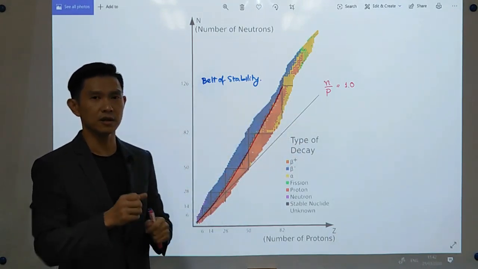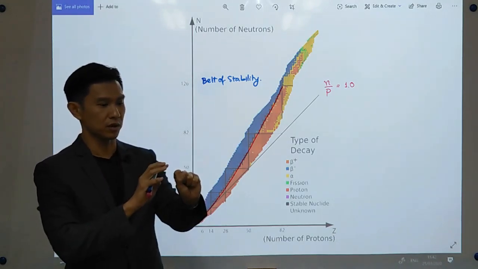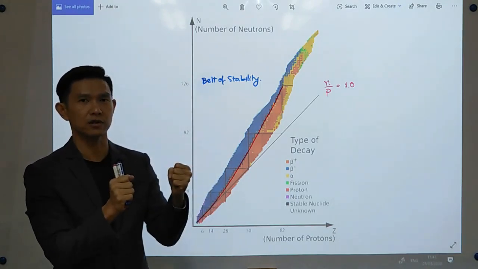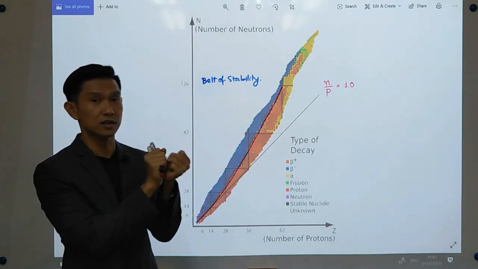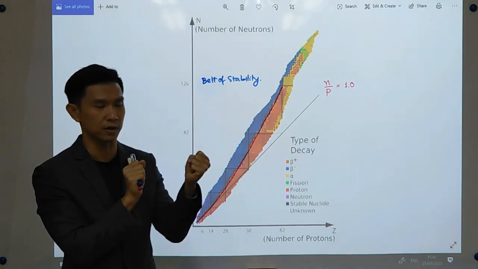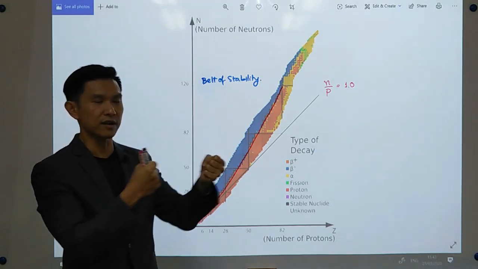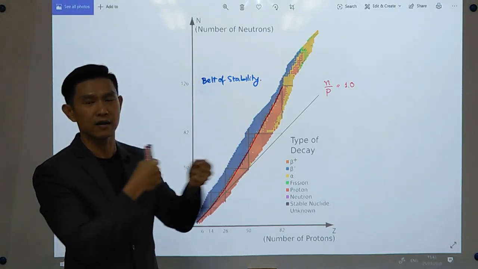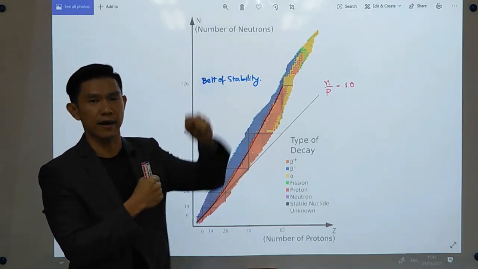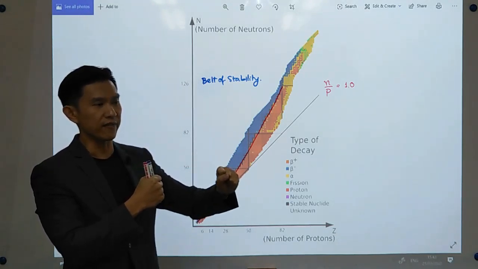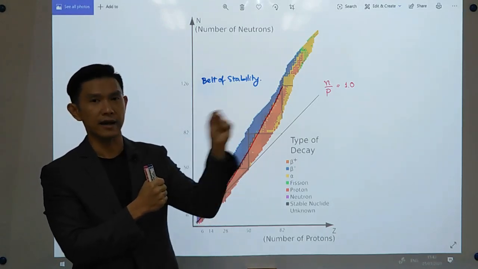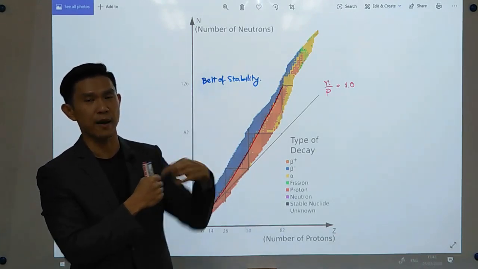That is because if you have only one proton, there is no repulsive force. You don't need neutrons inside. But if you have 2 protons, you have charged particles, so there is a repulsive force between the 2 protons. But if you have 3 protons, instead of having one pair of repulsion, you have the 3rd proton over here, so you have 3 pairs of repulsive force. And if you add one more proton over here, it adds up to 6 pairs of repulsion.